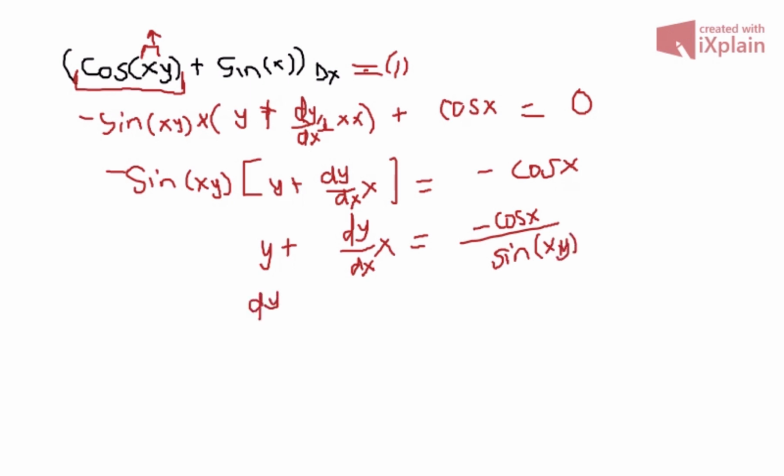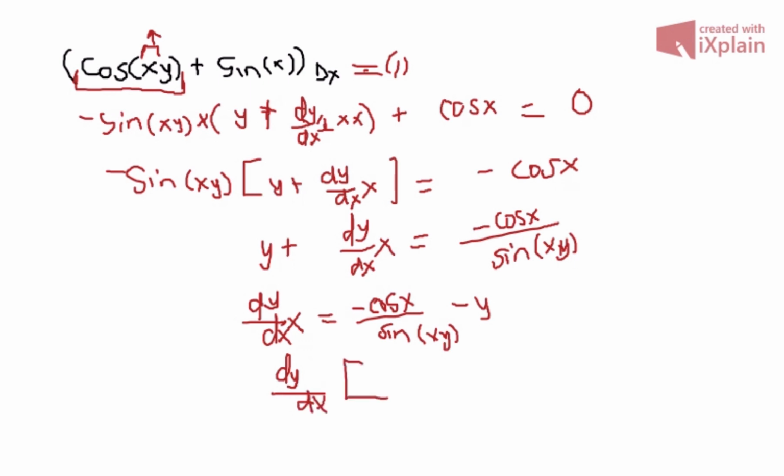Then dy over dx times x equals cos x divided by sine xy minus y. Then you divide both sides by x, so dy over dx equals 1 over x times cos x divided by sine xy minus y.